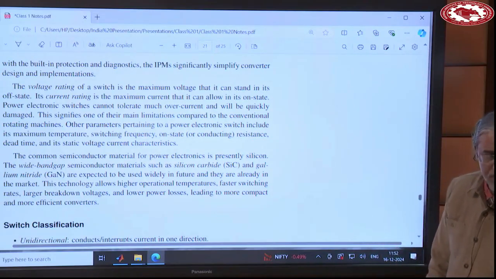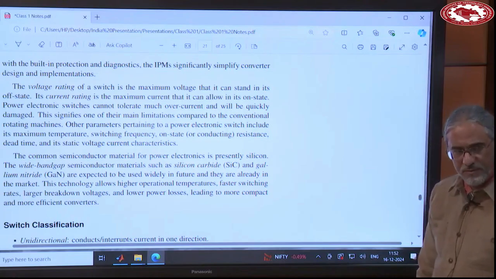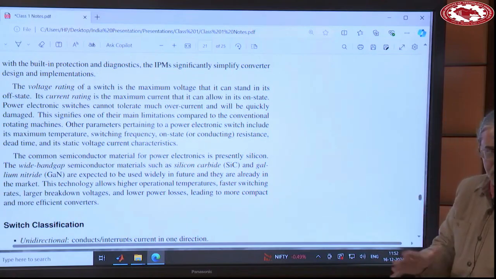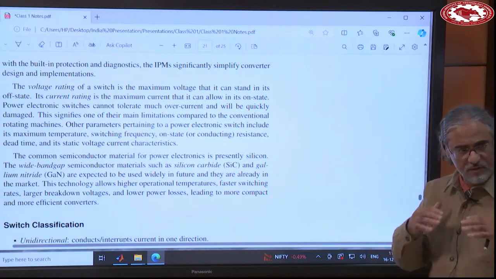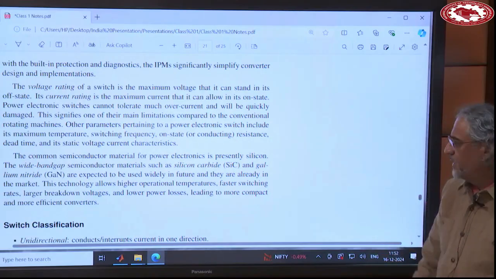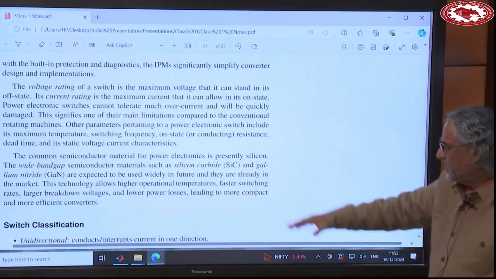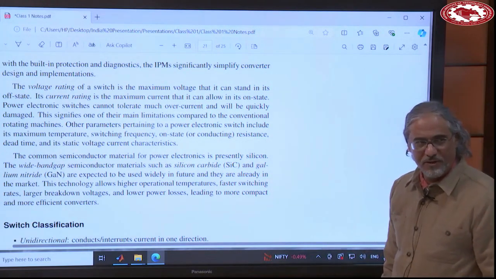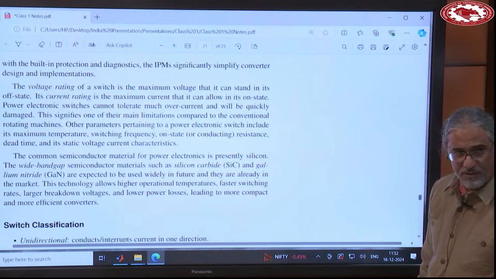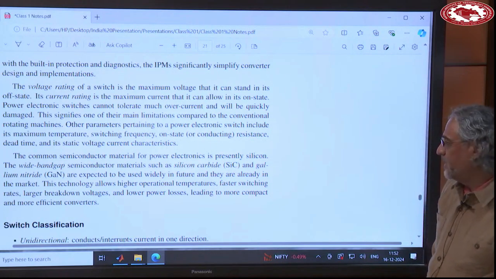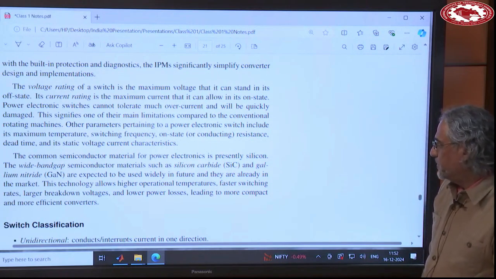And depending on how much power and voltage, again, they can handle, that goes down. There is a trade-off always between this rate of switching and the power that they can handle. But they can switch really very high, up to megahertz. 1 megahertz, 2 megahertz even, some of them.